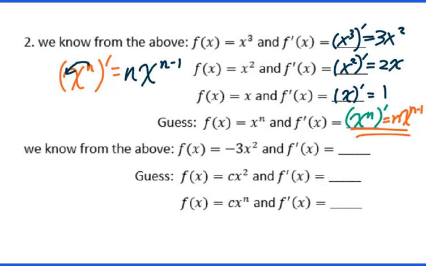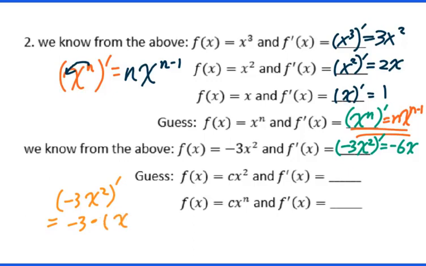Then we also know the derivative for negative 3x squared is negative 6x. In other words, the derivative of negative 3x squared equals negative 3 times the derivative of x squared, so that you get negative 3 times 2x equals negative 6x. So we can guess the rule for say x squared.